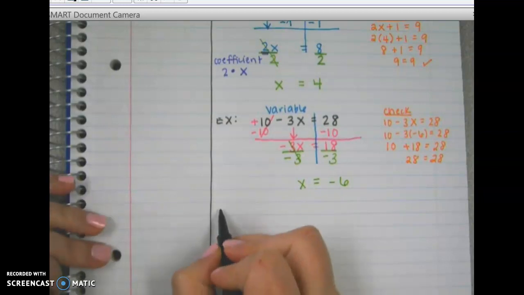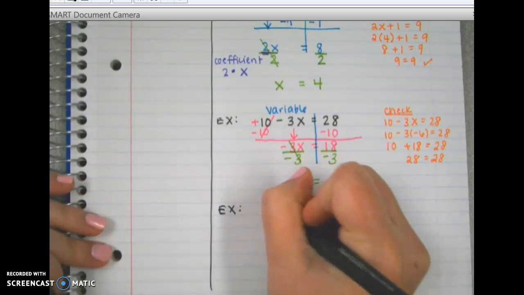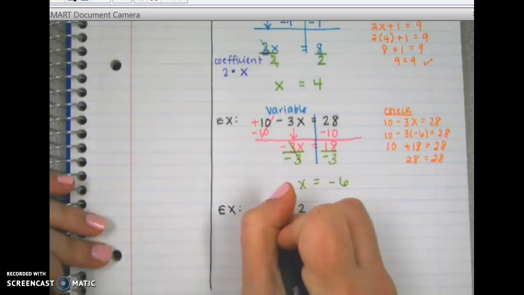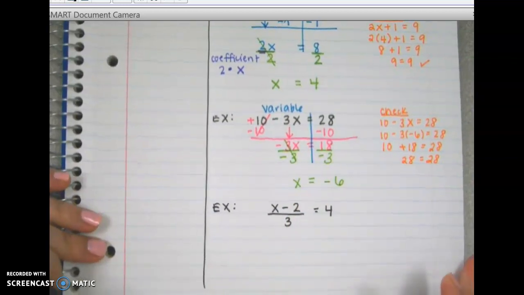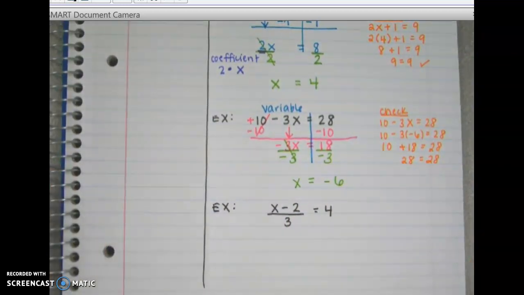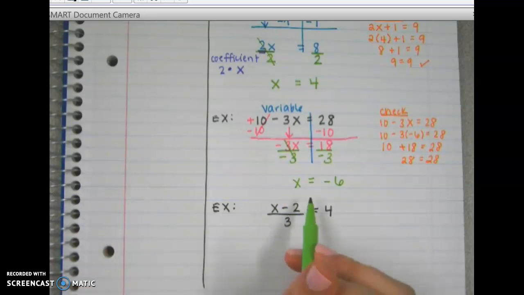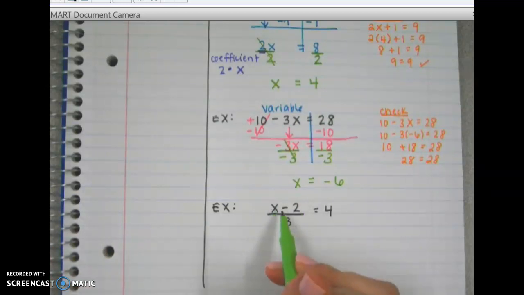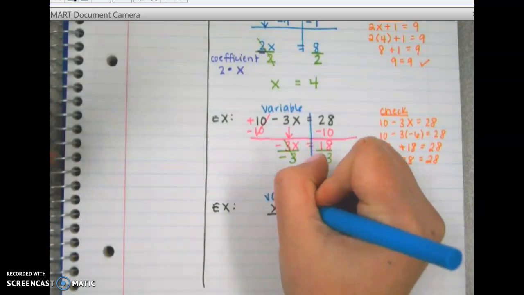All right, and the last example that I'm going to do with you for now is two-step equations that look like this. So you're probably going to want to take care of this minus 2 because your brain is just automatically going to see those things that you're used to and try to do those first.